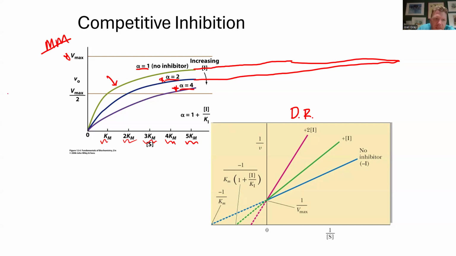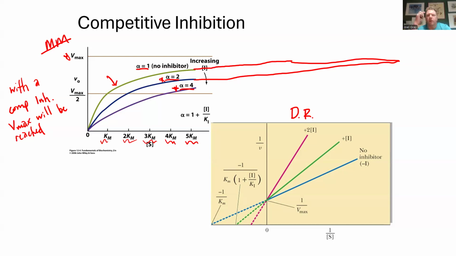What this means is that with a competitive inhibitor, Vmax will be reached. You will get there. It just takes a huge amount of the substrate.